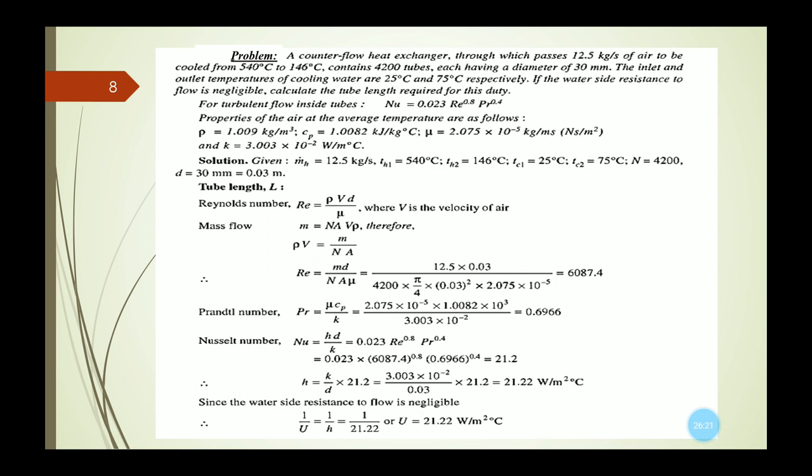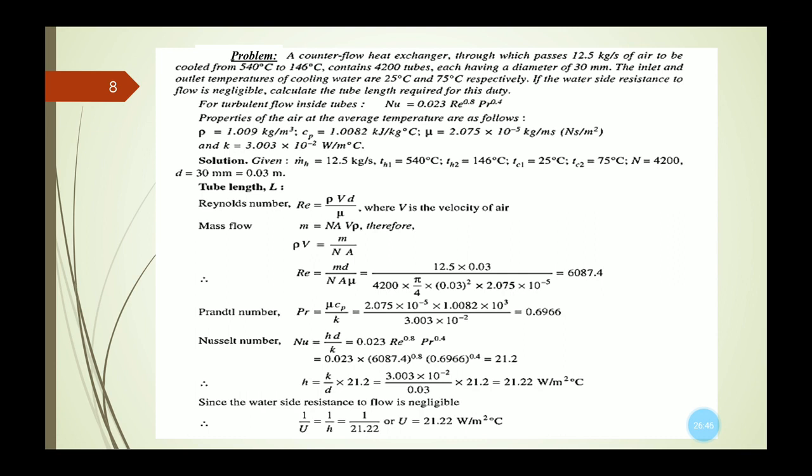We know the formula of the Reynolds number, it is the ratio of inertia force by viscous force, and in case of tube the formula is rho v d by mu. Now the mass flow m dot is the number of tubes n times A v rho.